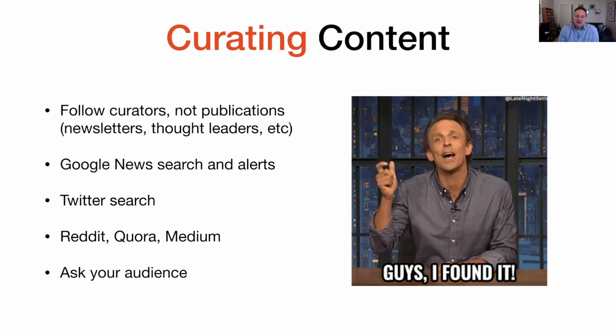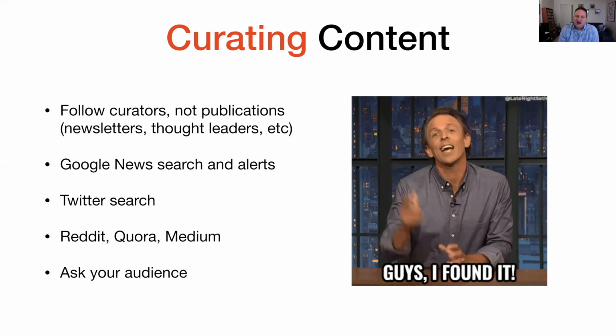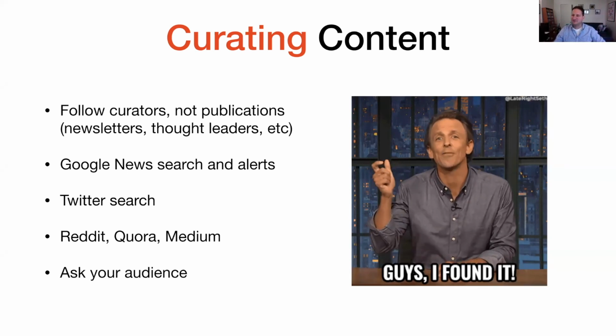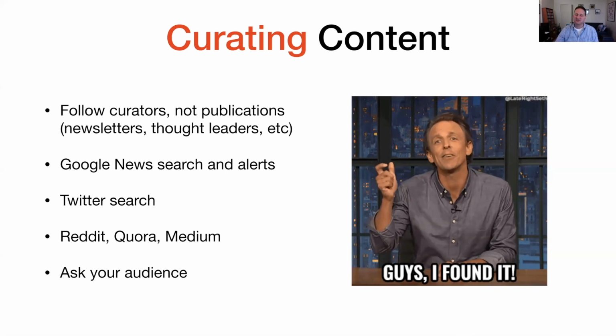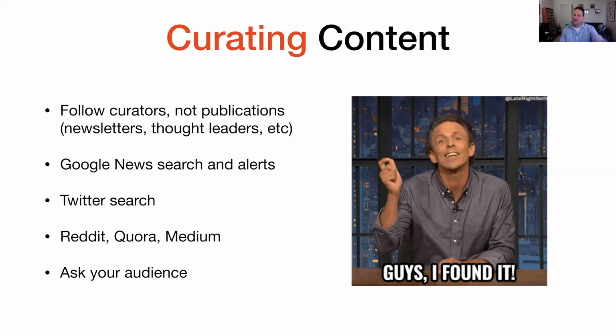Because these curators have already gone through and found the best stuff. So they're going to save you a lot of time because it's another layer deeper, as opposed to if you follow the New York Times, for example, you're going to see every New York Times article. But if you do something related to healthcare, let's say, you don't care about all that other stuff. You just care about the healthcare stuff. So go follow their healthcare reporters.